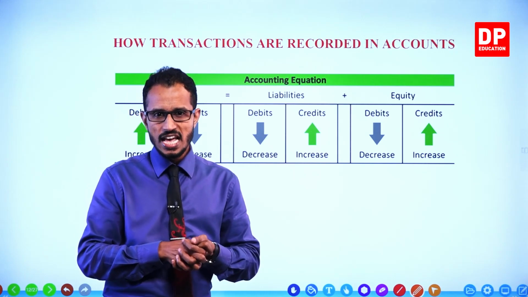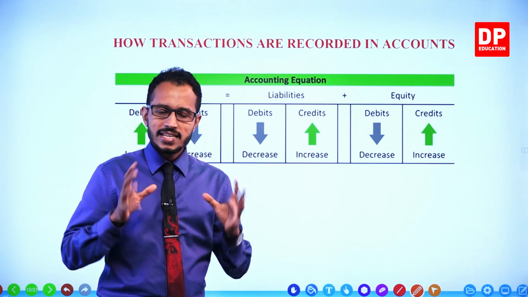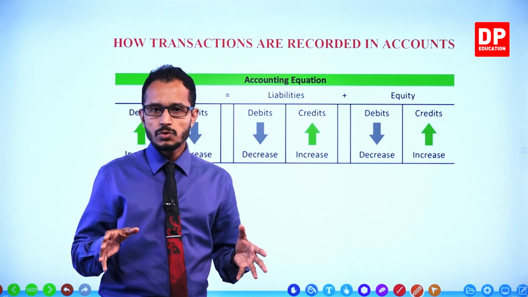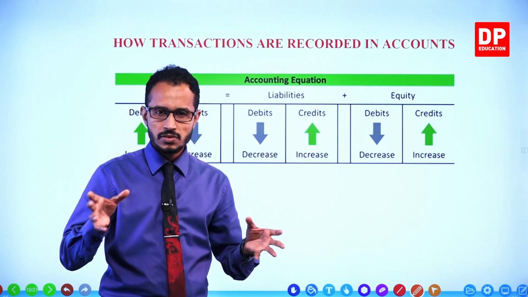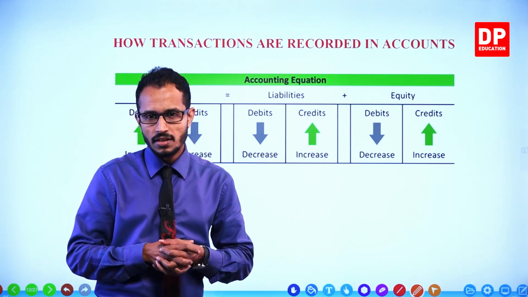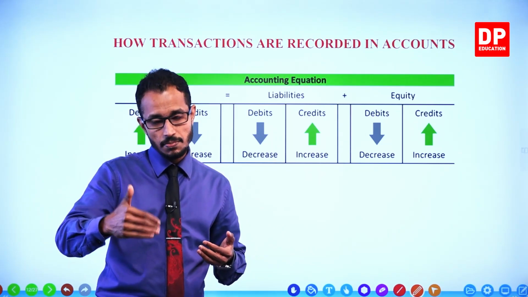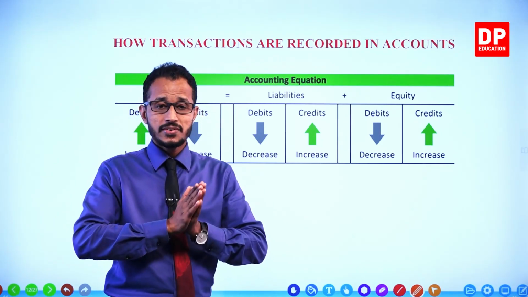I told you that the double entry principle is something that you will be using for the rest of your lives if you become an accountant or enter any profession related to accounting and finance. Bookkeeping, basically. From that level, you will be using the double entry principle.